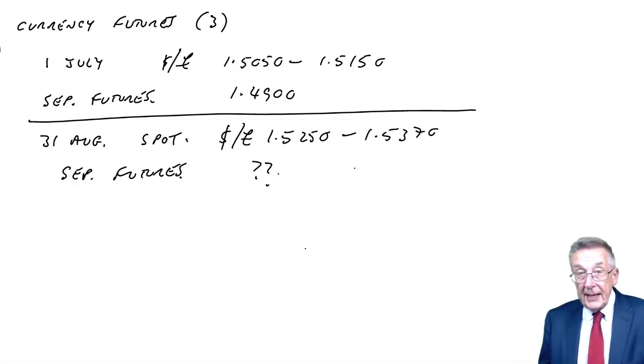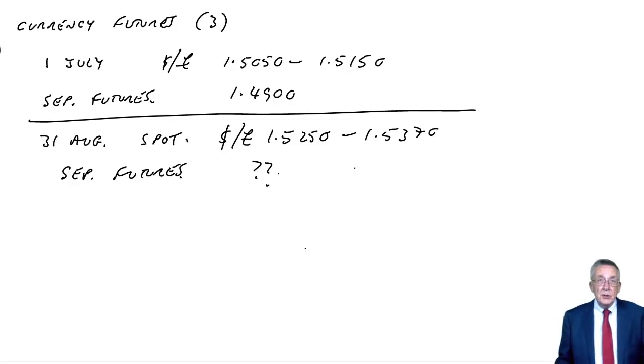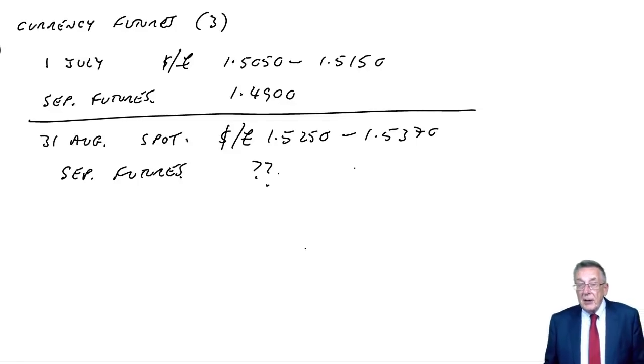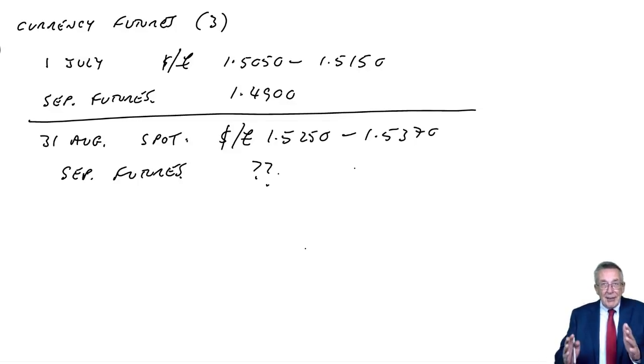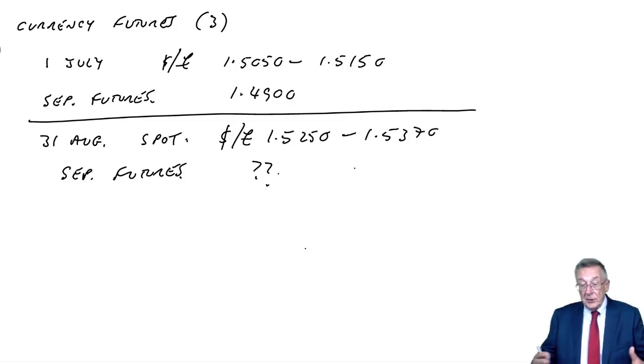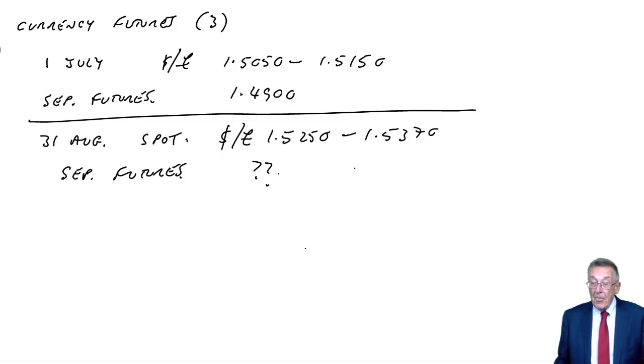Although the two things I keep saying are different, spot and futures prices are not the same thing, they will move up and down together. As spot goes up, futures will go up and vice versa.